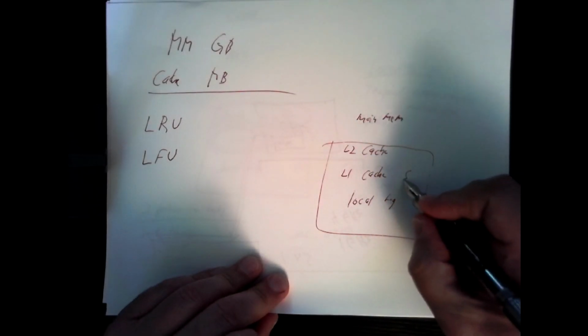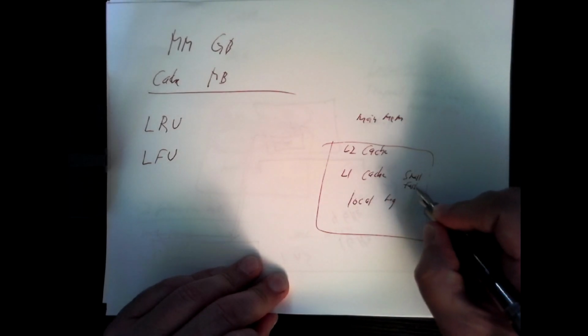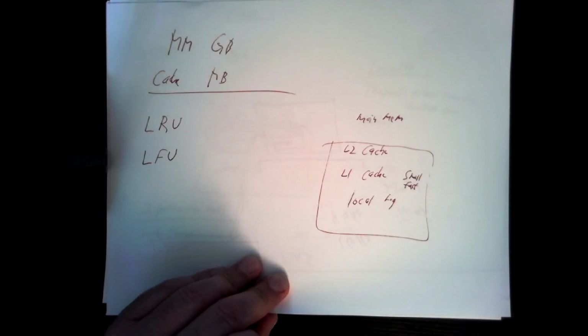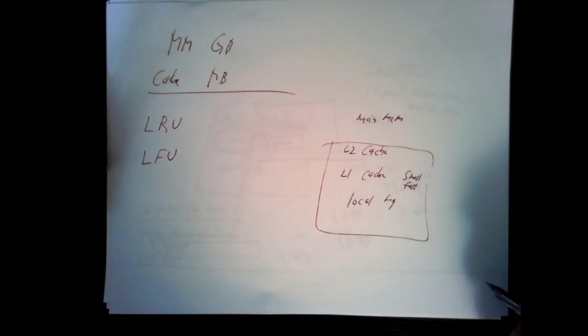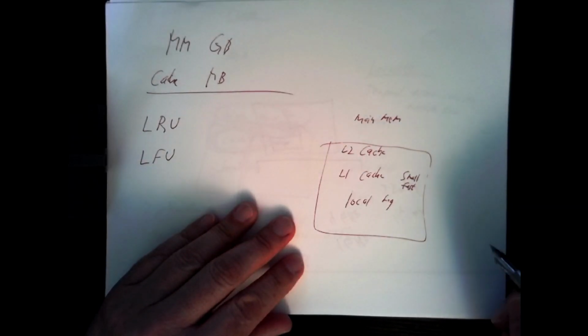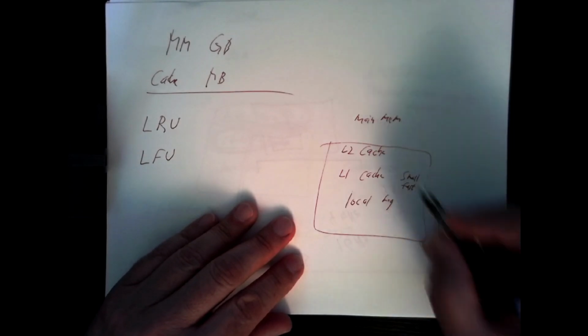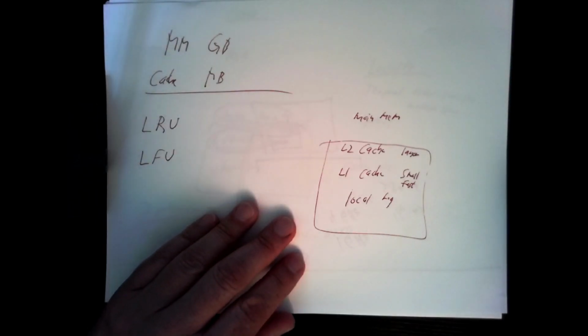And this is small and very fast. And if I find it, great, I can fetch it from there, no delay at all. If I miss my L1 cache, I can go and I can look in my L2 cache. And this is larger, but maybe not quite as fast.